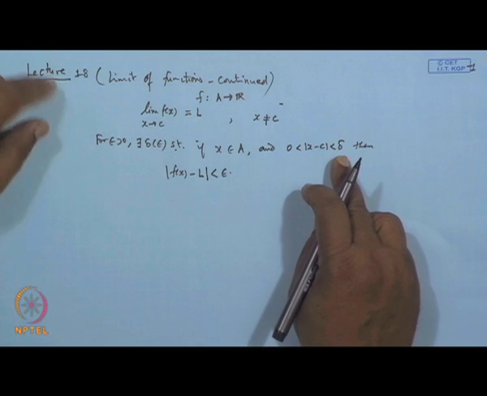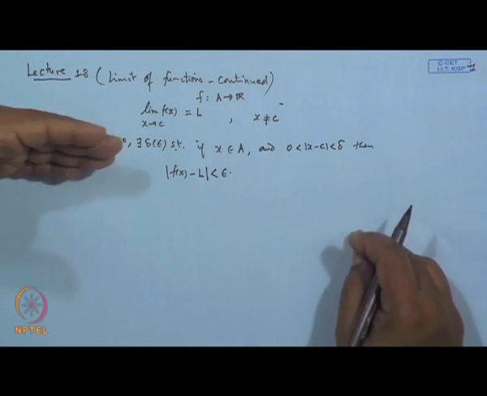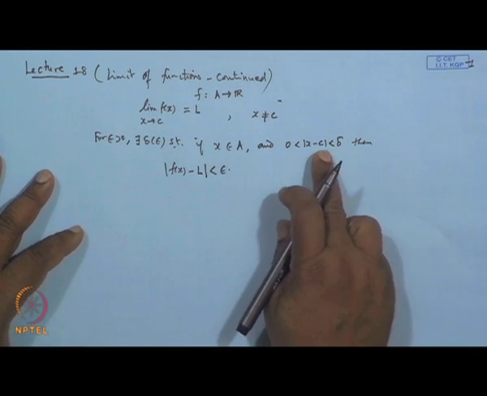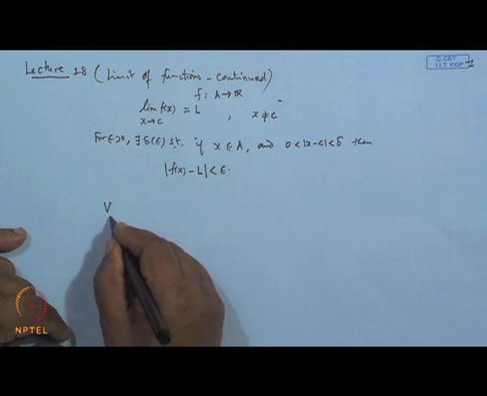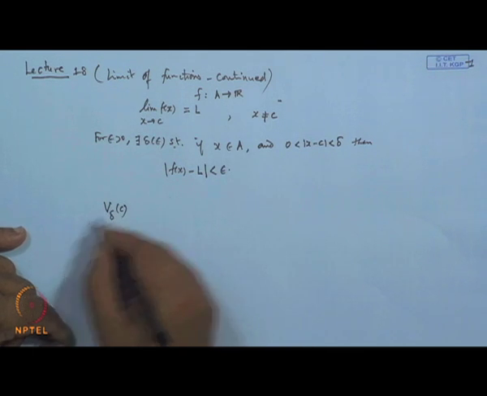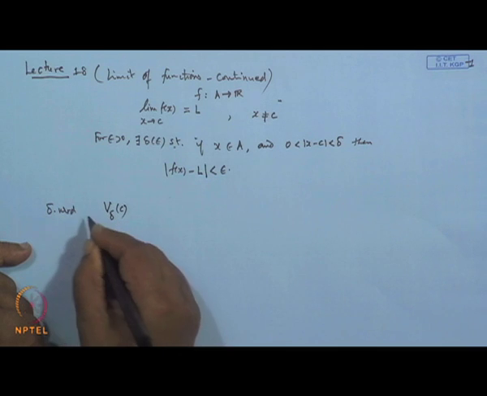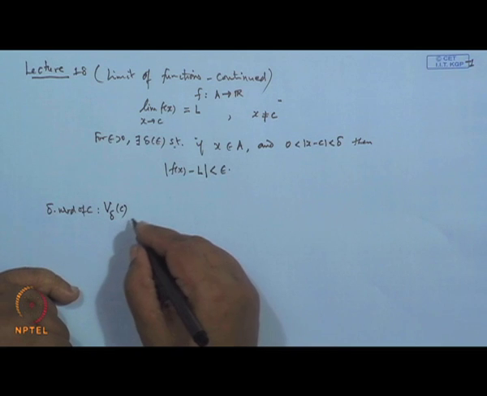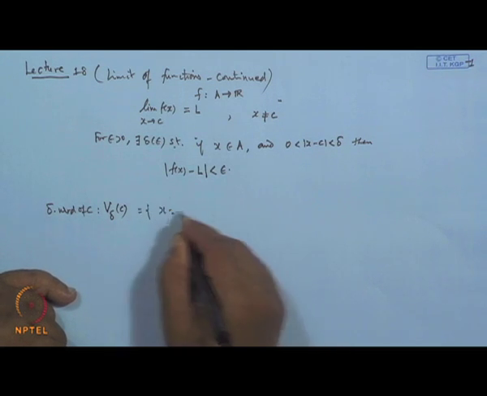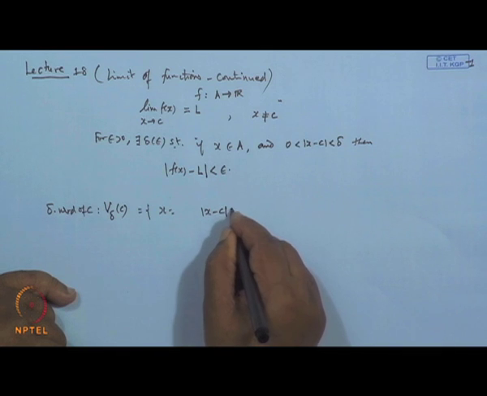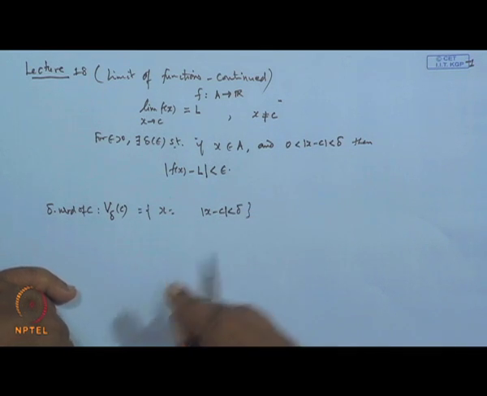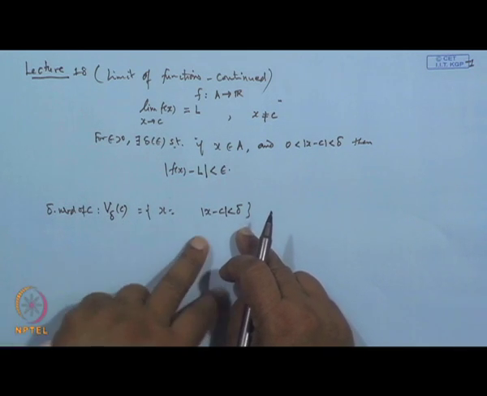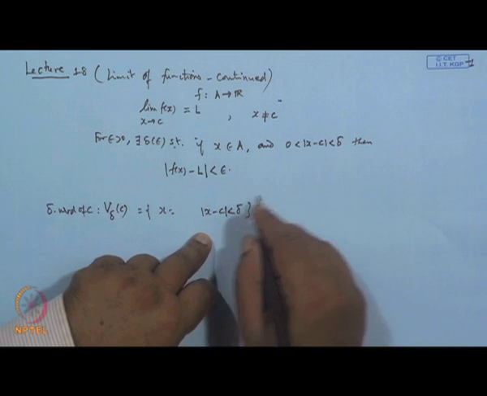Now, if we look at this definition, it can be easily converted into the form of neighborhoods. The delta neighborhood of c is nothing but the set of those points x such that |x minus c| is less than delta. If I remove c, then the point x is not equal to c.